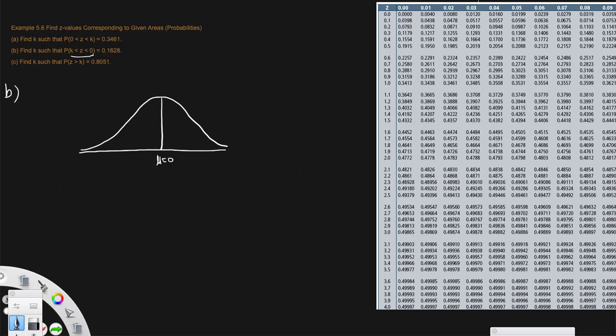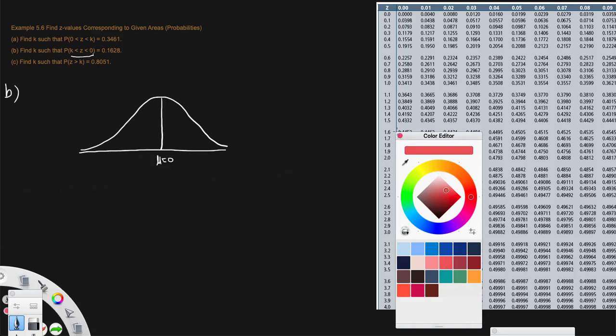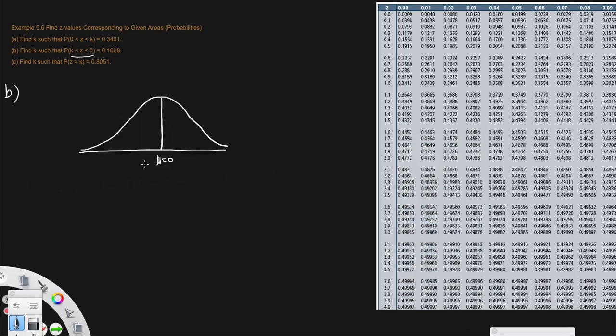Now let me point out my k first, telling me that my k is somewhere here, I would guess. So my k is less than z, so this area, and this area is also less than 0. So when you're dealing with this, just look: if everything is happening on this side, then you know it will be on the positive side, and if everything is on the other side of 0, then you'll be dealing with the negative side.